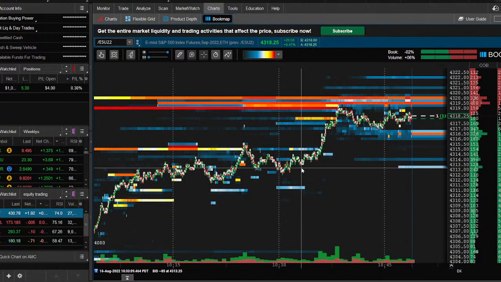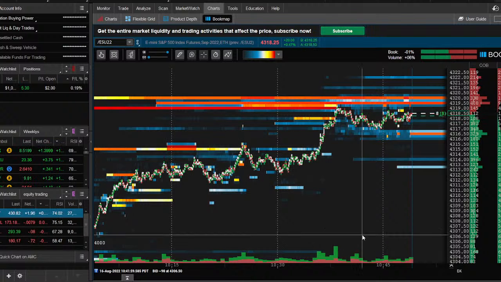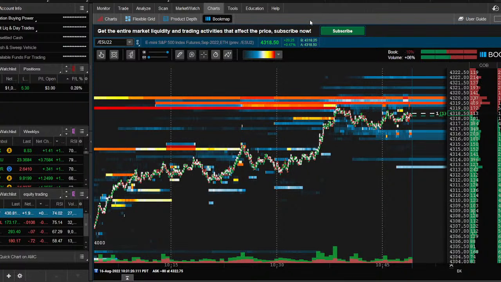By the way, this is actually very helpful, the Bookmap. You can subscribe and look at others. They give it to you for free, but you can only see the ES. I believe it's Apple and Microsoft. I think those are the only three you can see.